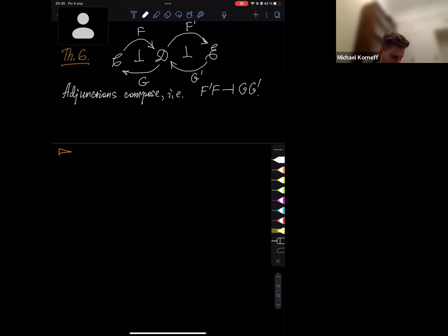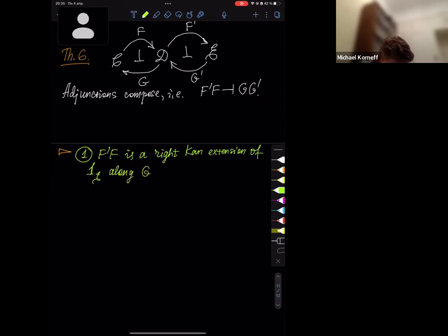First of all, we will prove that F prime F is a right Kan extension of this functor along G prime, or we have the equality.